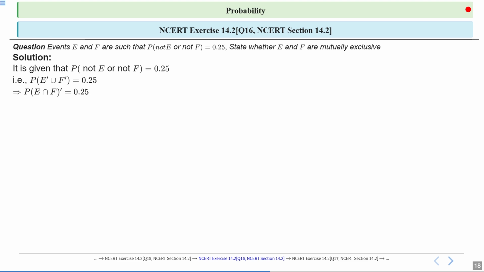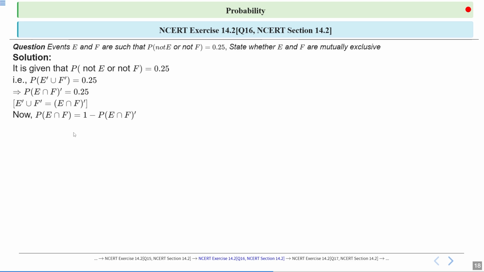Since the probability of E complement union F complement is 0.25, the probability of (E intersection F) whole complement is also equal to 0.25.